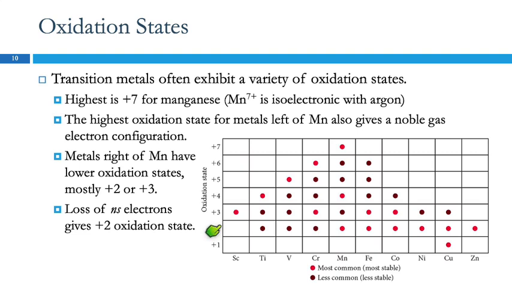In this diagram here, the most common oxidation states are in the lighter red, and the less common are in the darker red. So like iron, we've run into iron 2 and iron 3. We've never run into 4, 5, or 6. They do exist, but they're much less common. You do not need to know which possible oxidation states these metals have.